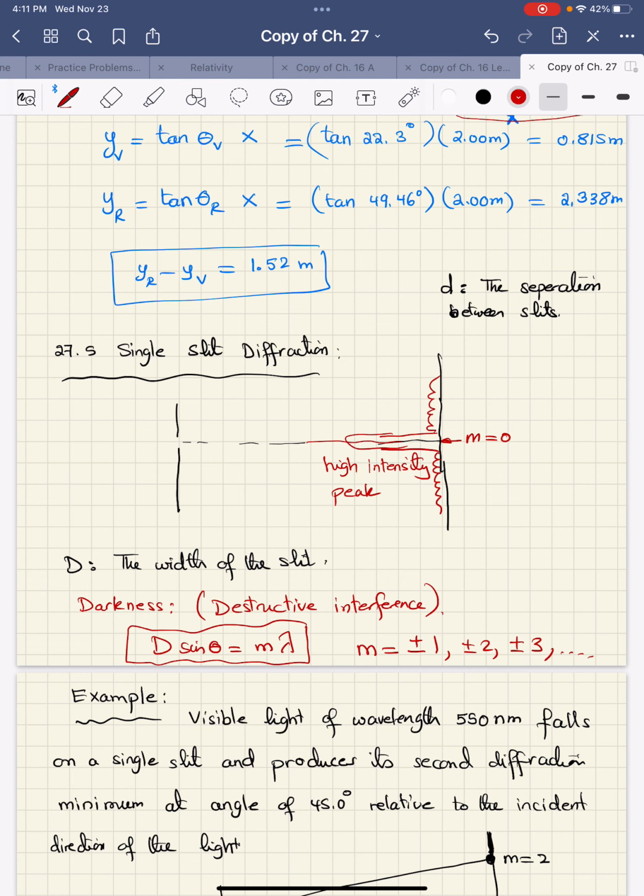Here we use uppercase D for the width of the slit. This is a single slit, it's just one. We are going to look for the destructive interference, and we have D sine theta equals m lambda, and here m is going to be plus or minus 1, plus or minus 2, plus or minus 3. We will not have the 0.